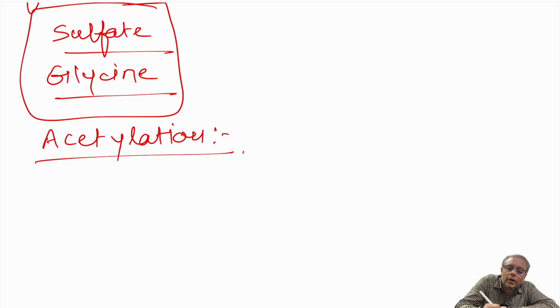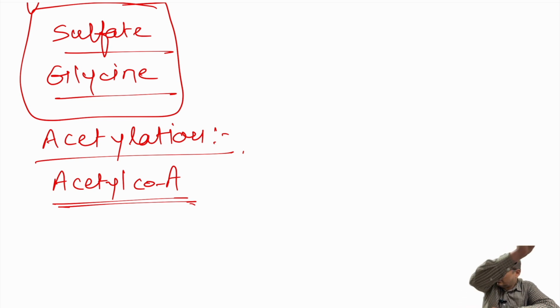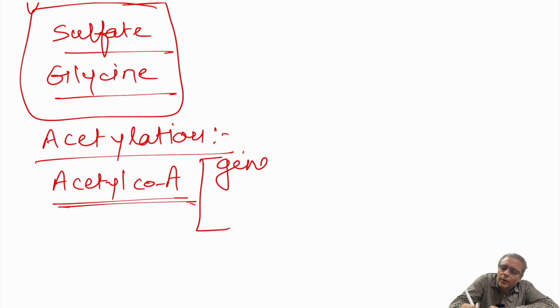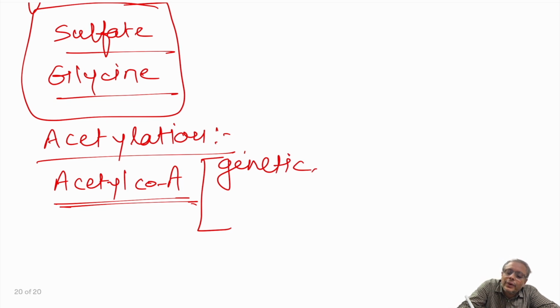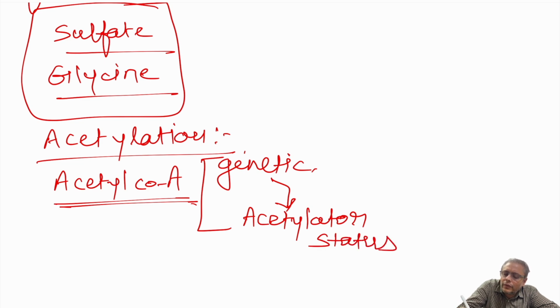Acetylation of the drug occurs with the help of acetyl coenzyme A, and you should remember there is a significant genetic polymorphism, and that's why individuals have different status of the metabolizing enzyme, say for example the acetylator status of the individual.